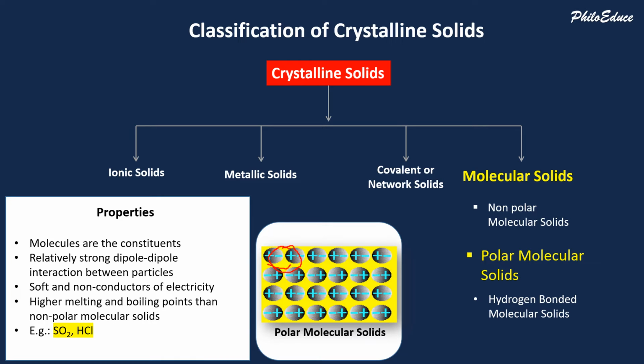They are polar molecules, so the interaction is there, but it is weaker than normal ion-ion interactions. So these are called dipole-dipole interactions, and they are weak in nature but much stronger than in the case of non-polar molecular solids. So they have superior properties as a solid in comparison with non-polar molecular solids.